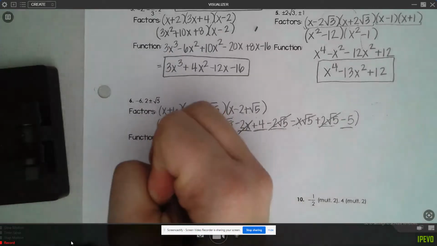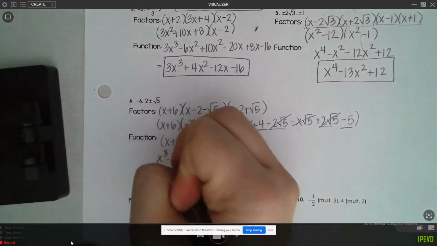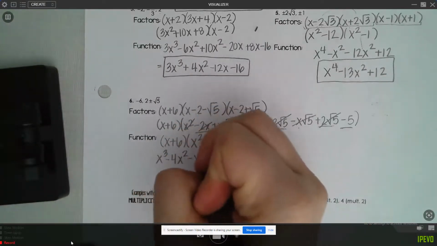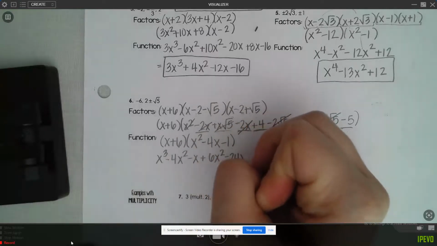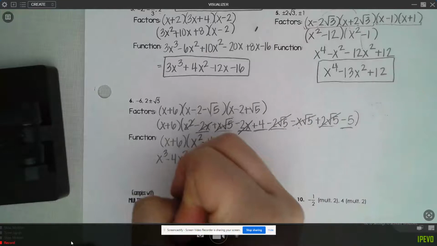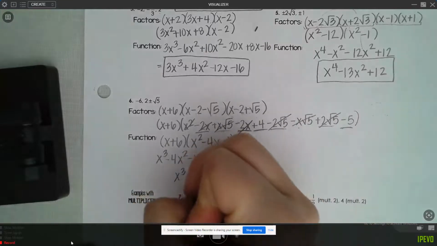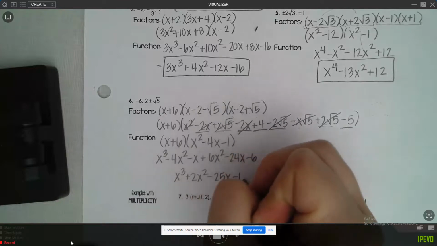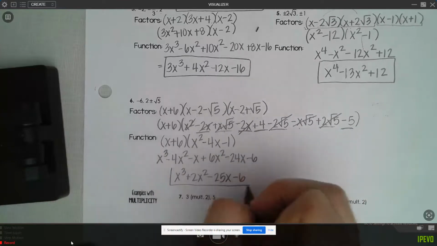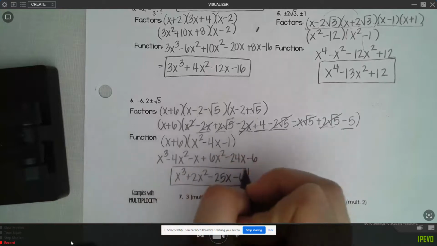So x cubed minus 4x squared minus x plus 6x squared minus 24x minus 6. There's my function.